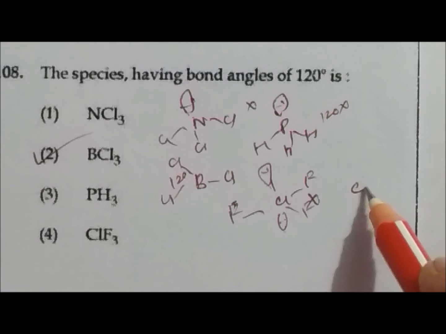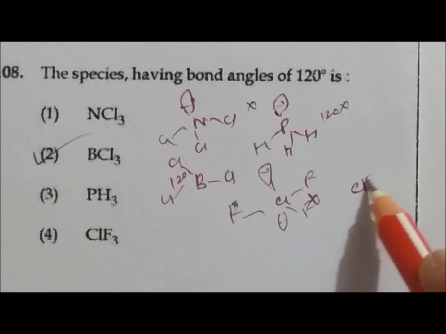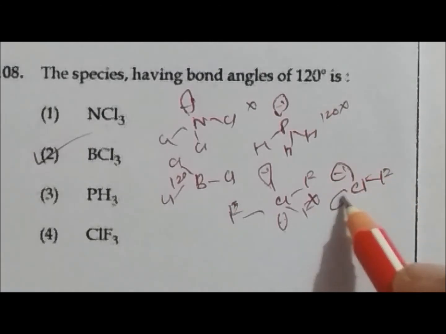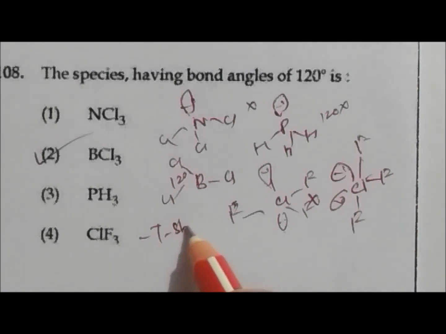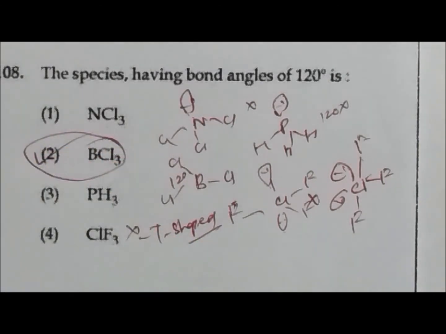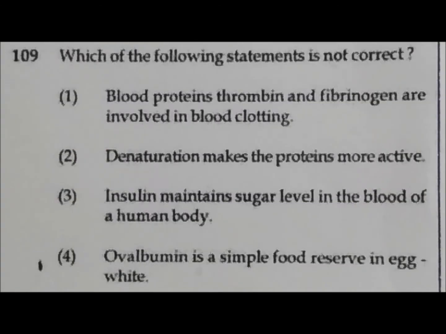So we can write Cl this side, 1 fluorine here, and 2 lone pairs this side, and 1 fluorine here and 1 fluorine here. So this is almost a T-shaped structure. This is also wrong. So only this answer is correct.